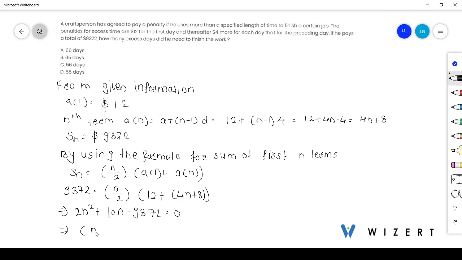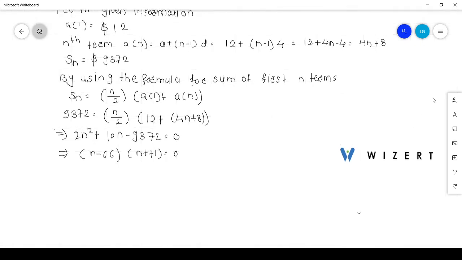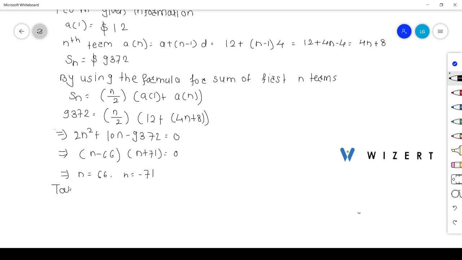So solving this equation, we get factors (n minus 66) and (n plus 71) equals 0. So here n minus 66 equals 0 or n plus 71 equals 0. That is, n equals 66 or n equals minus 71.